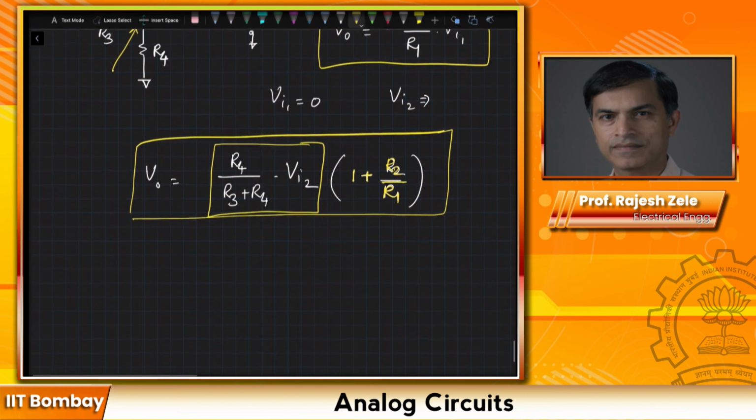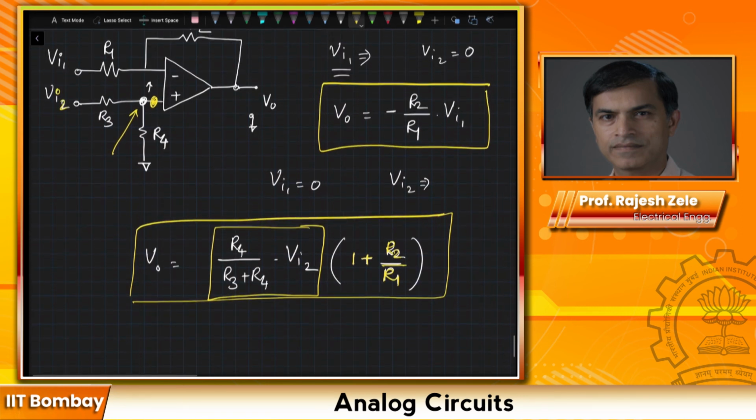So now, in reality we would like to keep both the gains the same, because we would like to subtract the two inputs and amplify them together, right? So the gains for both of the paths should be equal. Otherwise you will not get that subtraction effect. One will be a scaled version and the other one will not be, so there will be a difference between the gain for Vi1 and Vi2.